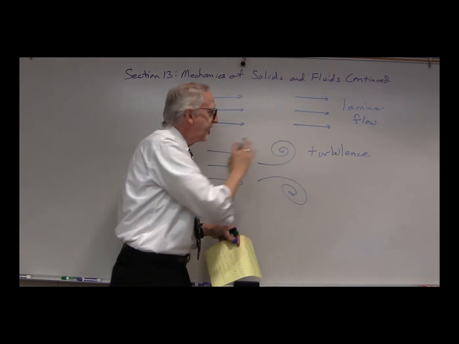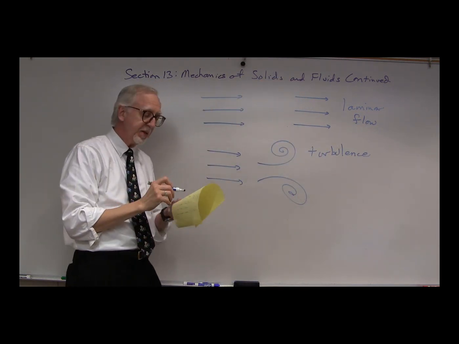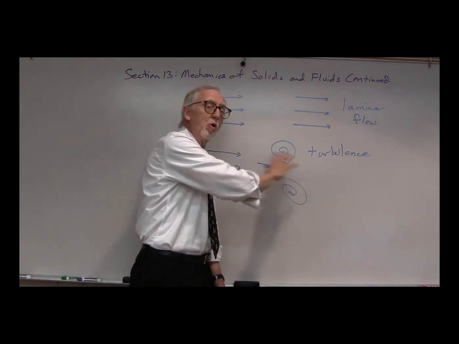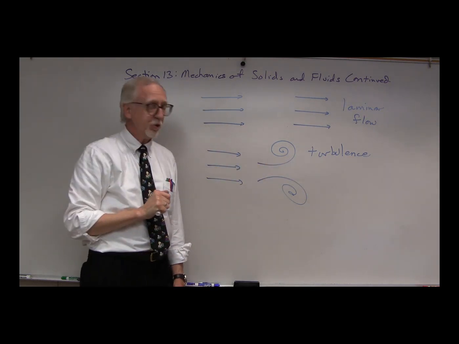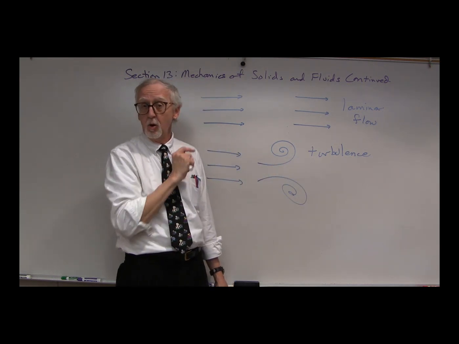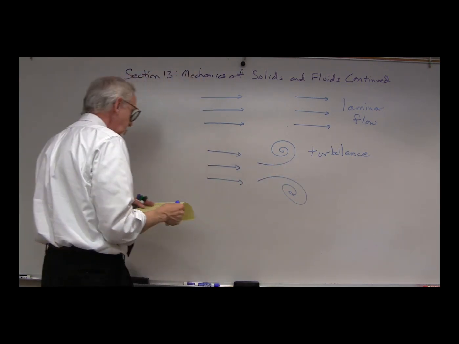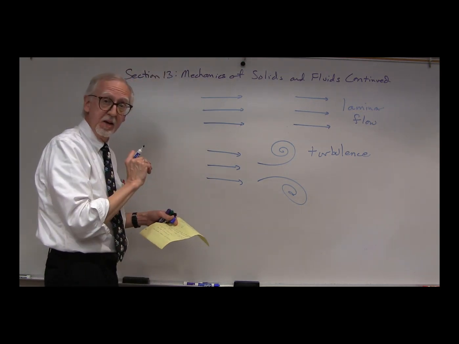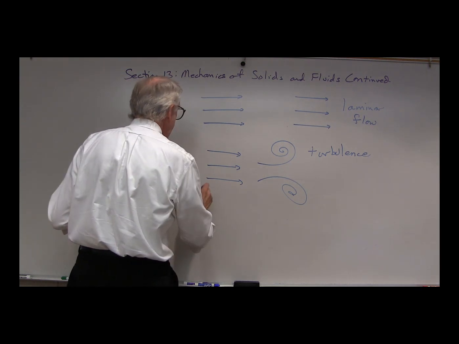We end up with things mixing together called turbulence, which completely changes the amount of flow rate that we can actually get through tubes. Now, what's going to determine whether we get turbulent flow or laminar flow? There is a quantity that helps describe the fluid called the Reynolds number.